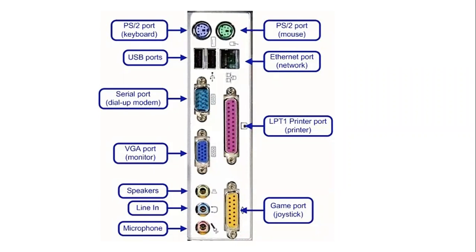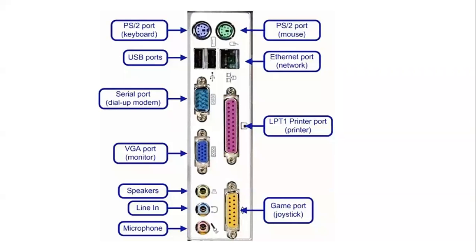If you are playing games, there are different types of other devices you have to attach to your computer, for example a joystick. If you are connecting other game devices, you have to use this separate port. That is called the game port. It has the standard color yellow. This is the way some of the ports are arranged on your computer.